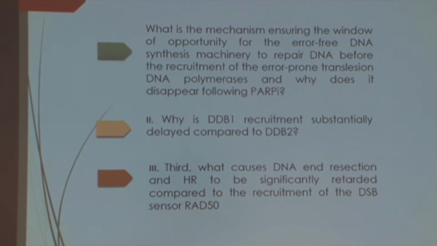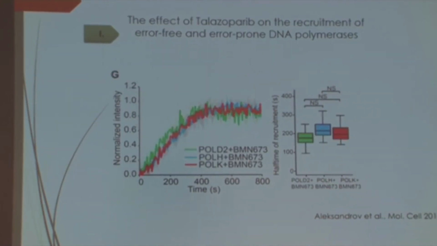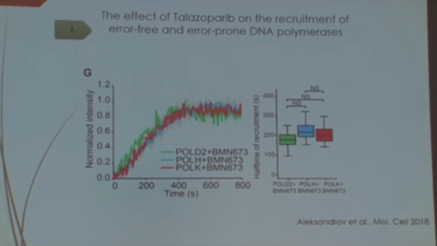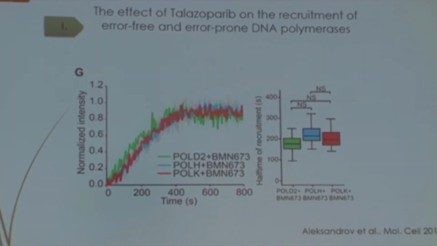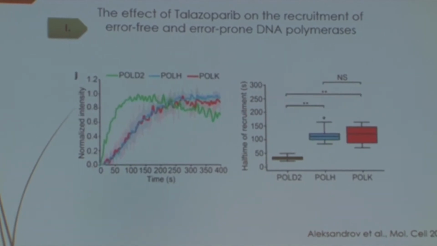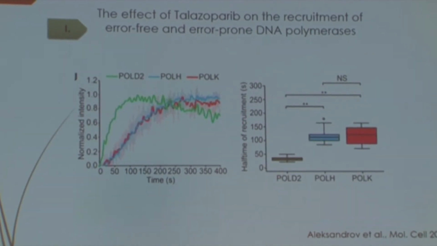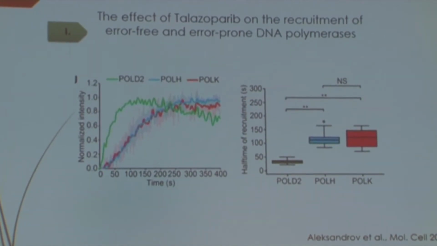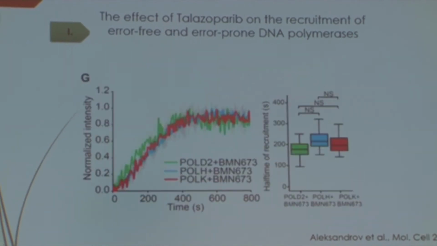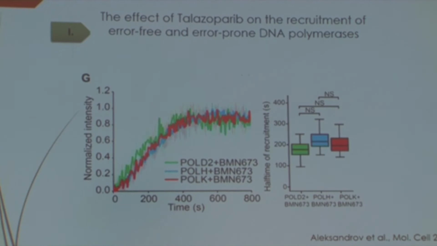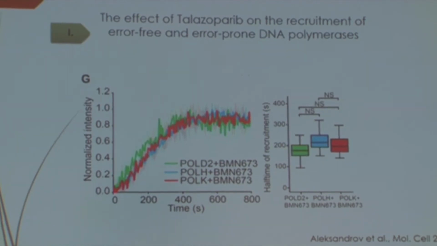For the first, you can see here that without talazoparib, the error-free polymerases come earlier than the translesion synthesis polymerases. But if you add talazoparib, they come at the same time.